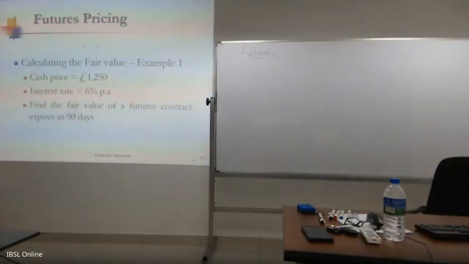If you have to buy one unit of that index, you have to pay 1,250 today. But you don't want to buy it now. You want to buy it in the future. If you have to buy it today, you have to spend 1,250. That means you forgo interest at 6%.